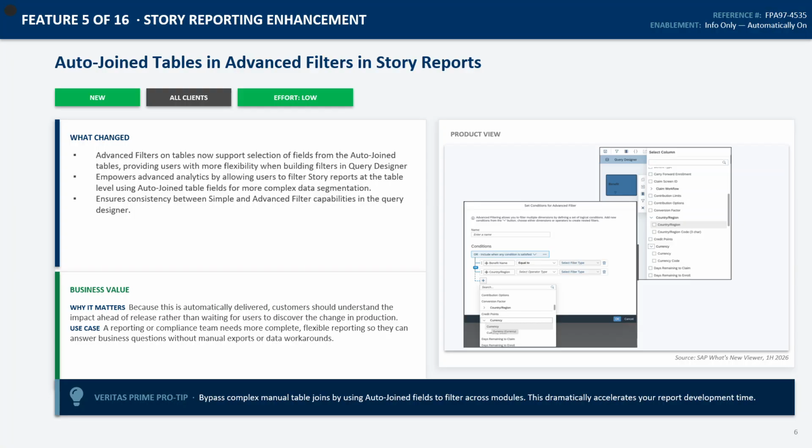They can display in your export query, they can display in the story itself, but you have not been able to filter on those unless you manually connect to the table they are coming from. So now with this new enhancement, that is no longer an issue. You can filter directly on them from the first table now.